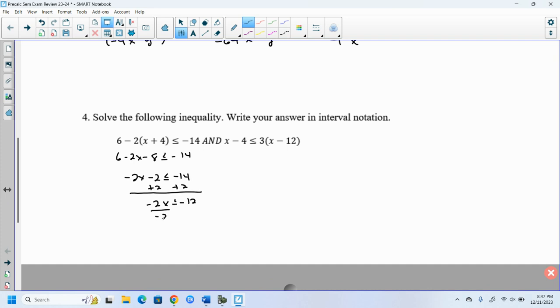Divide by negative 2, and that's going to flip our sign, and I get x is greater than or equal to positive 6. Over here, I get x minus 4 is less than or equal to 3x minus 36. I'm going to subtract x.